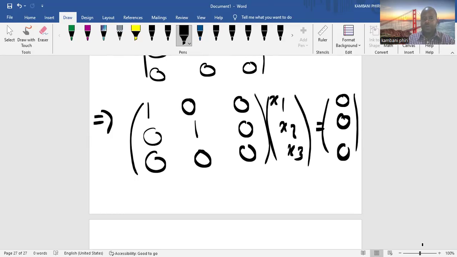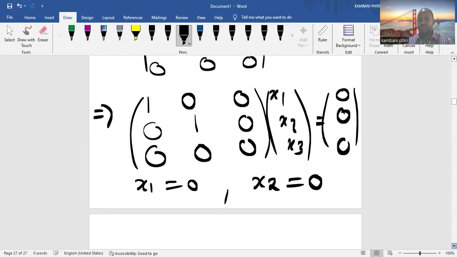From the first one it simply means x1 is equal to 0. Then from the second one, x2 is equal to 0 as well.